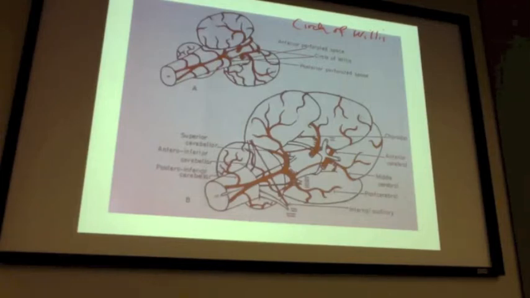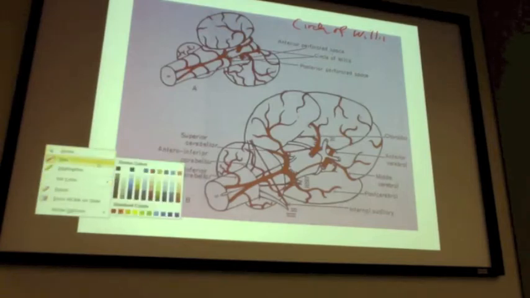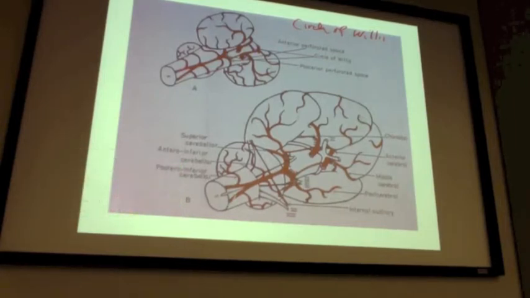And so I'm going to go over with you what the circle of Willis is. Here we have, let me get a different color here. You can see it. Okay, so we've got the blood coming up the two vertebrals here.